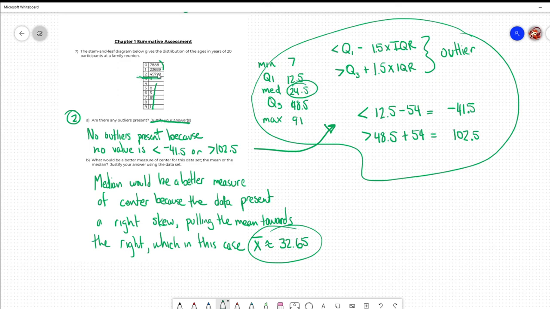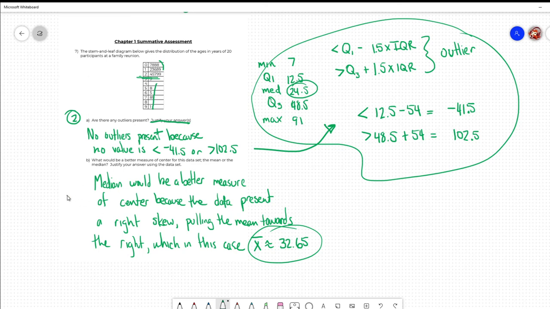That's a better measure, or closer to that center mass, than a 32.65. 32.65 is not even any point on the data set. Well, neither is 24.5, but at least I'm surrounded by numbers. Here I got from 29 to 39. This 32 is nowhere in the vicinity of being close to a number than that 24.5.